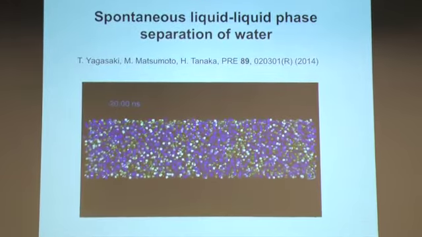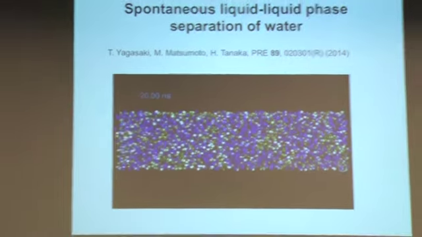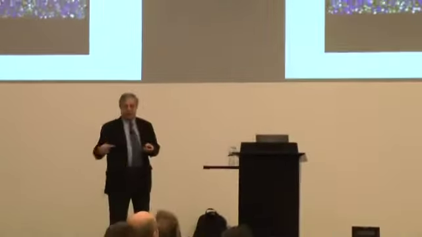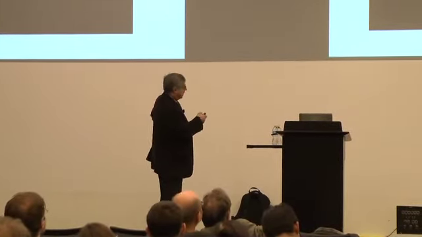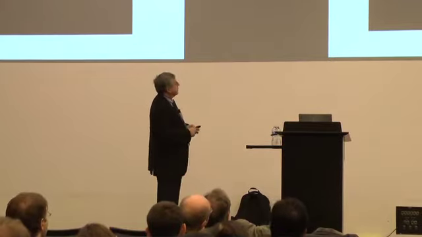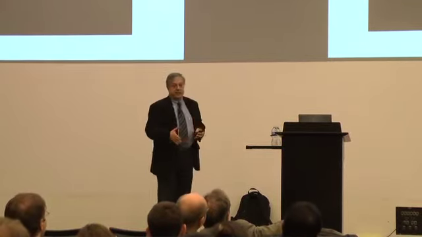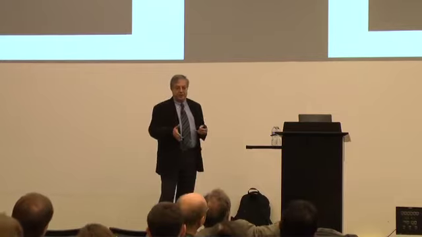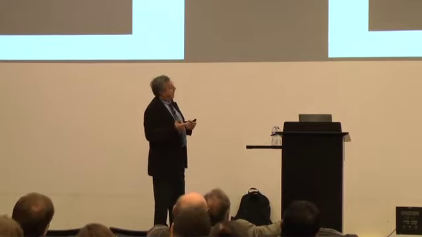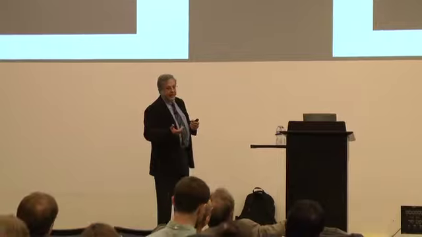And they did that in a parallelepiped cell, so that the surface separating, if there is a spontaneous phase separation, will occur along the surface that is orthogonal to the long direction. And that is indeed what is going to happen. So they start with a liquid that has been quenched to the thermodynamic condition of coexistence between the two metastable liquids.